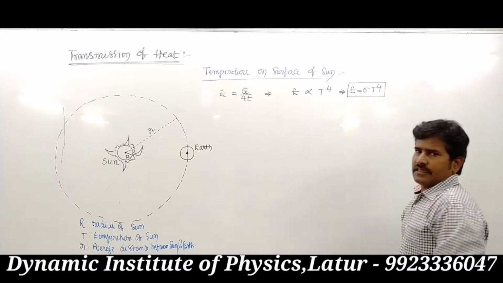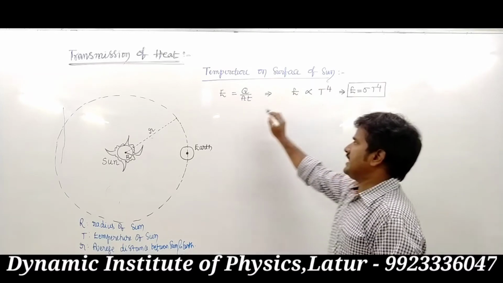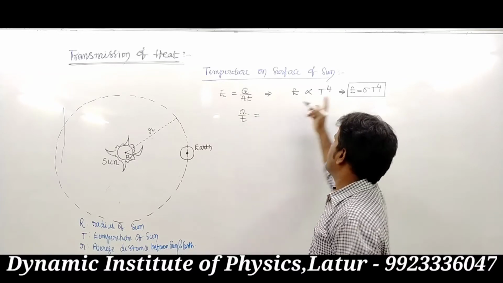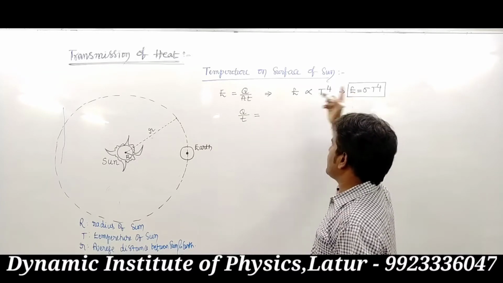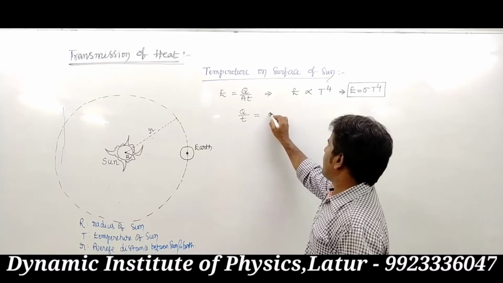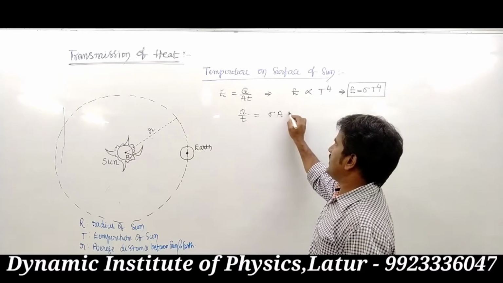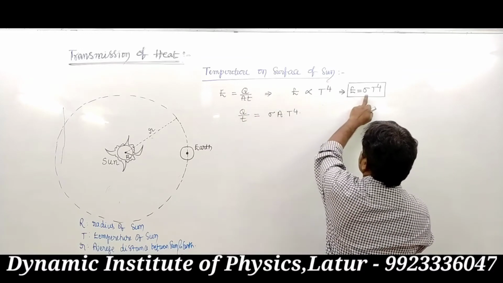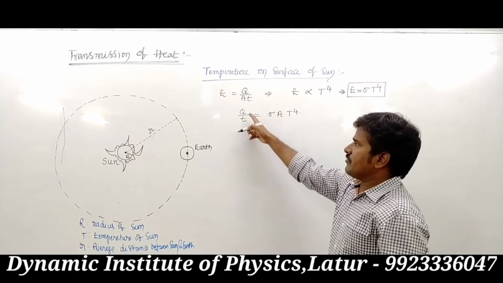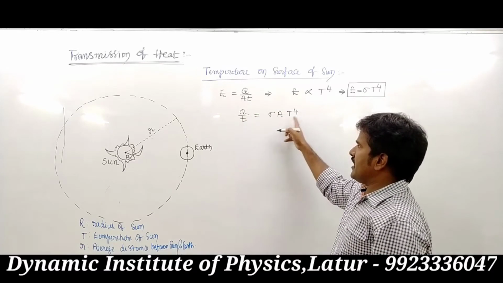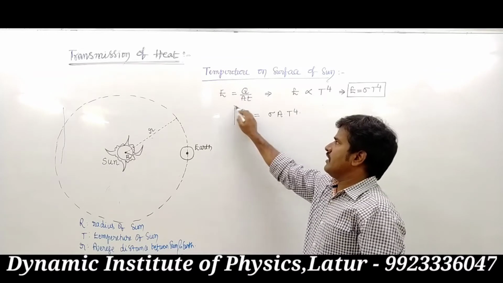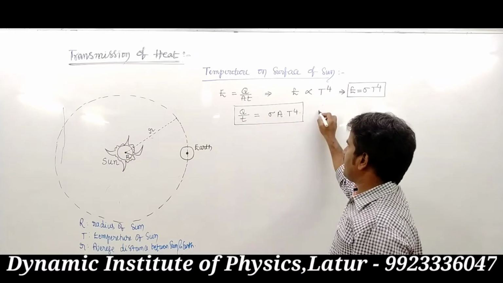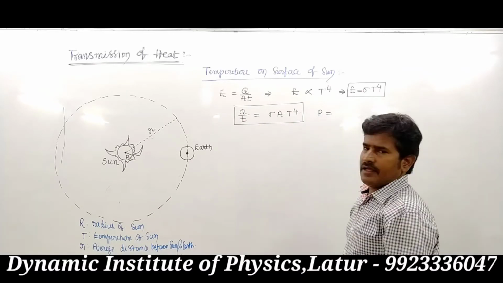Using the rate of emission of heat, Q upon T: since Q upon A T equals sigma T power 4, Q by T equals sigma into A into T power 4. This is the rate of emission of heat, which is nothing but power.